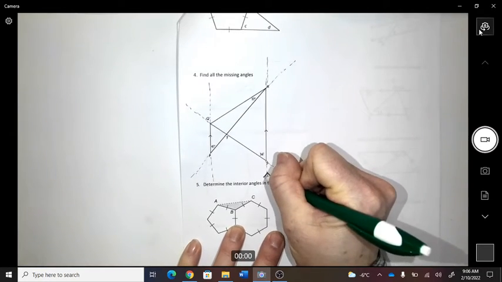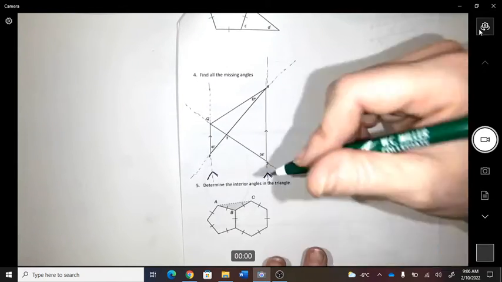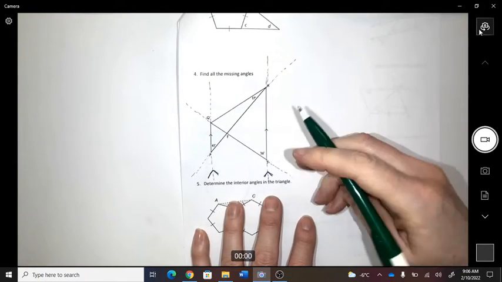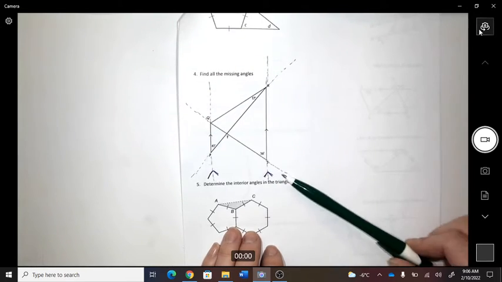So these lines are parallel, right? Do you see those little marks on the lines? Those are parallel. This is my saw blade. I'm cutting through them like that.